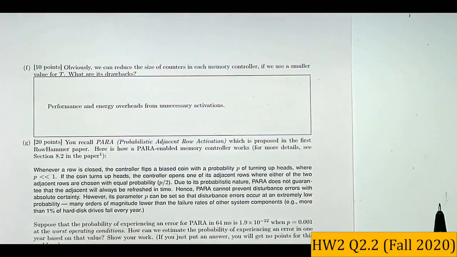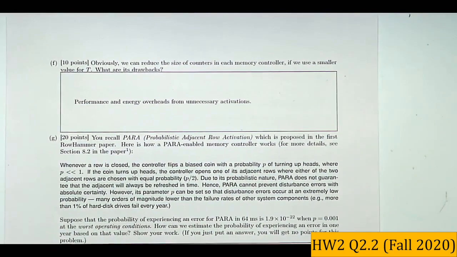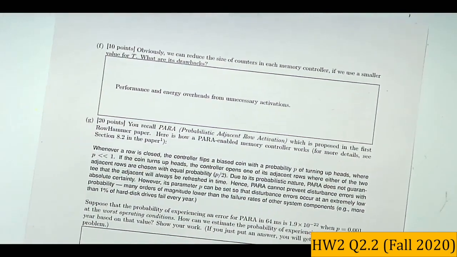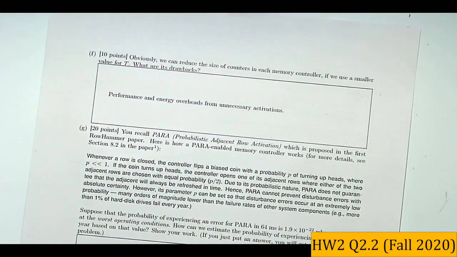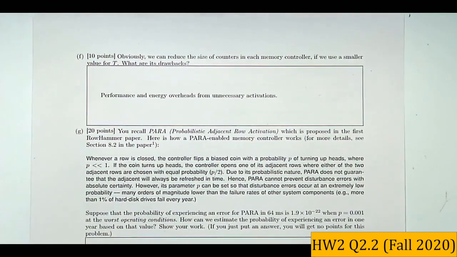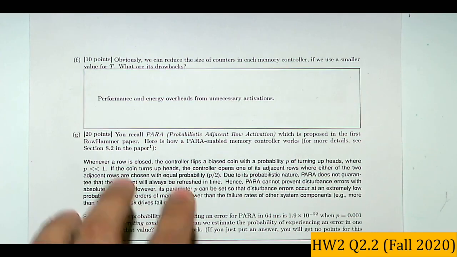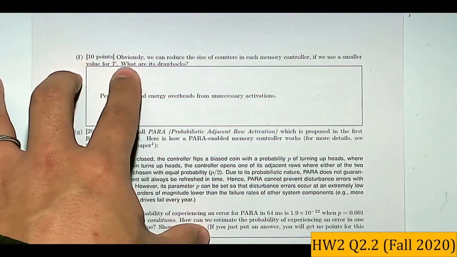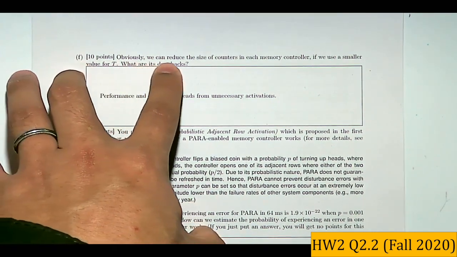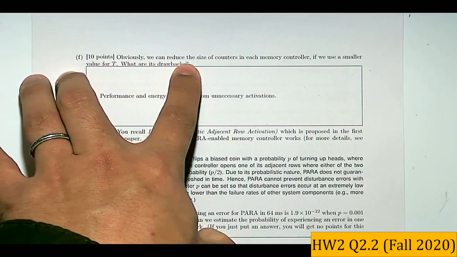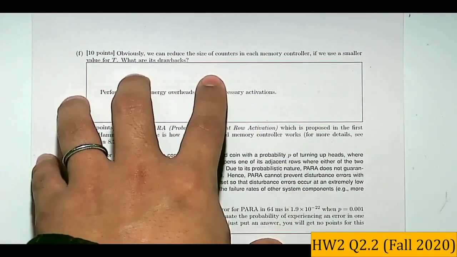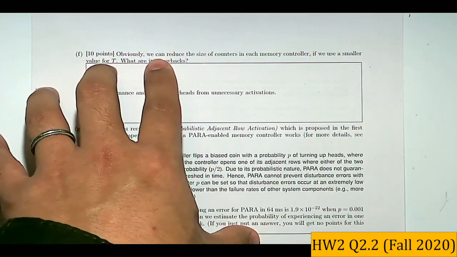Okay. So the reason why we use the maximum threshold value is to minimize the performance overhead. This question is asking about the goal of using the maximum threshold value.